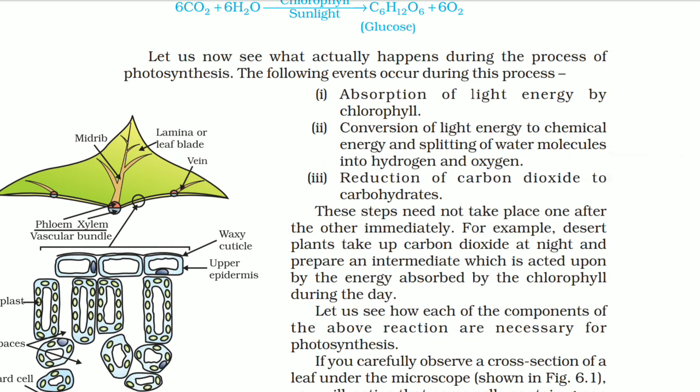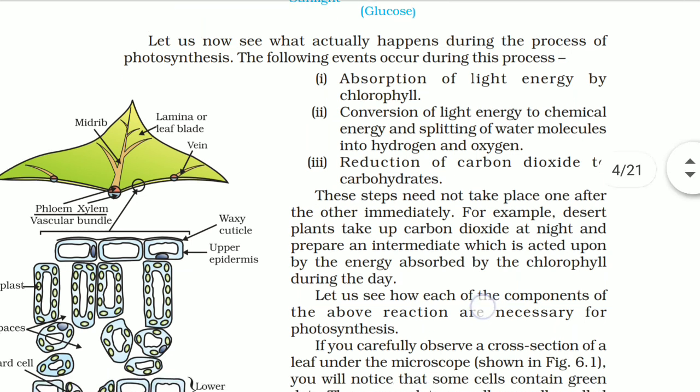The first step is absorption of light energy by the chlorophyll, then conversion of the light energy to chemical energy, and splitting of the water molecules into hydrogen and oxygen. The third step is reduction of carbon dioxide to carbohydrates. These are the steps followed by the plant to produce energy.